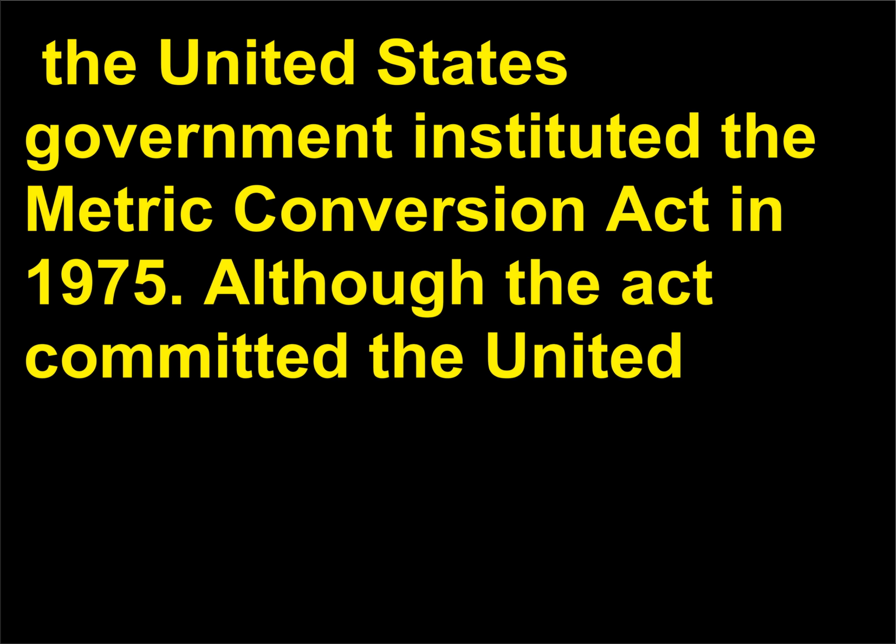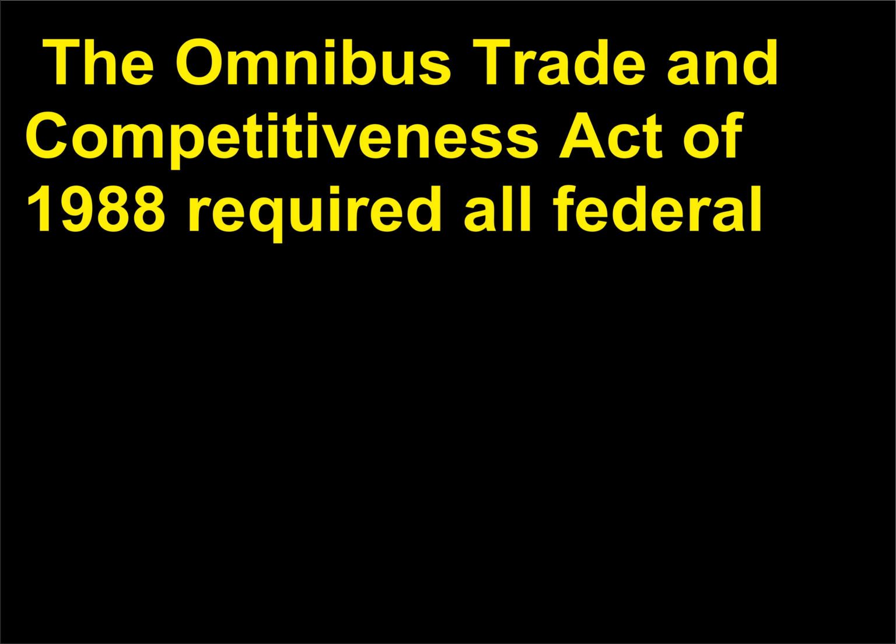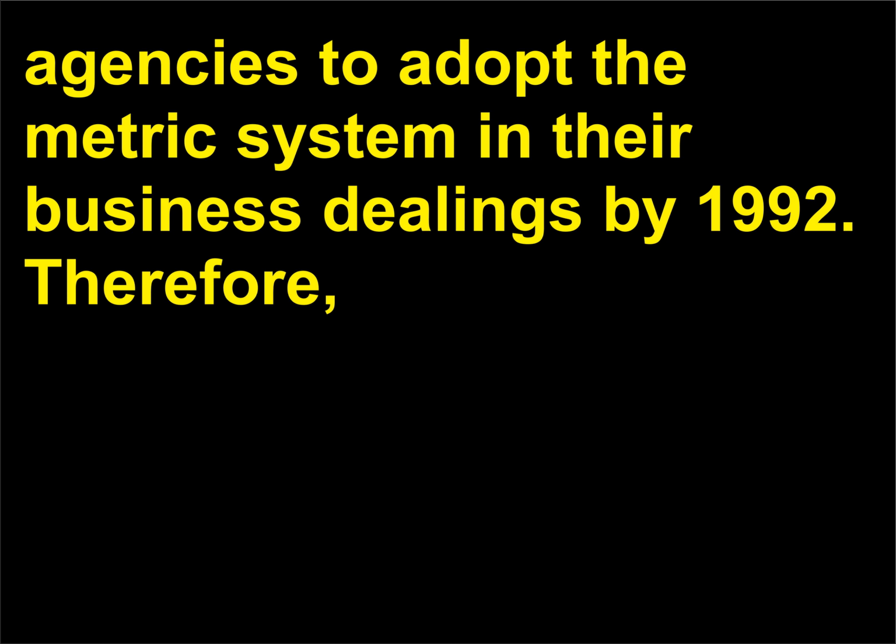Although the act committed the United States to increasing the use of the metric system, it was on a voluntary basis only. The Omnibus Trade and Competitiveness Act of 1988 required all federal agencies to adopt the metric system in their business dealings by 1992.